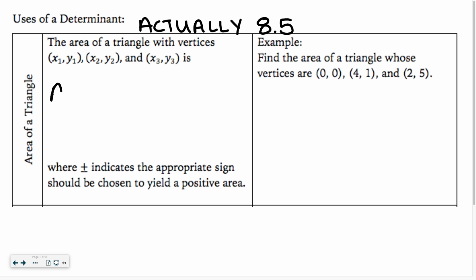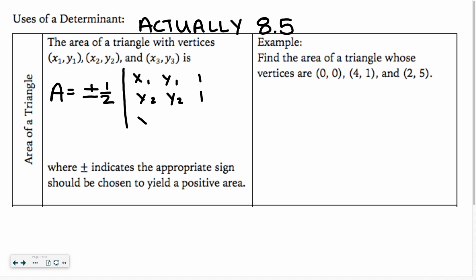This is the formula. The area of the triangle equals plus or minus 1/2 times the determinant that has the following entries. Your first point as a row with 1 at the end. Your second point as a row with 1 at the end.